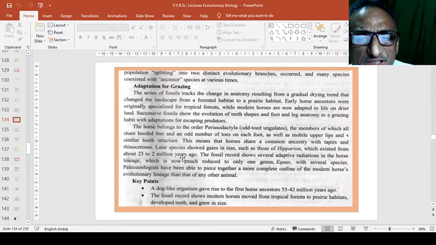A similar tooth structure was observed, which means that horses share a common ancestry with tapirs and rhinoceroses. Later species showed gains in size, such as Hipparion, which existed from about 23 to 2 million years ago.